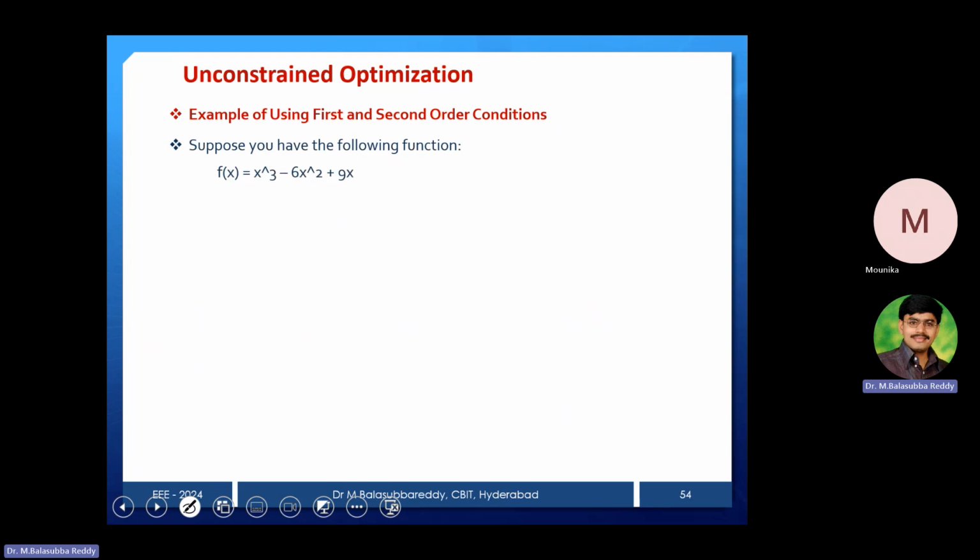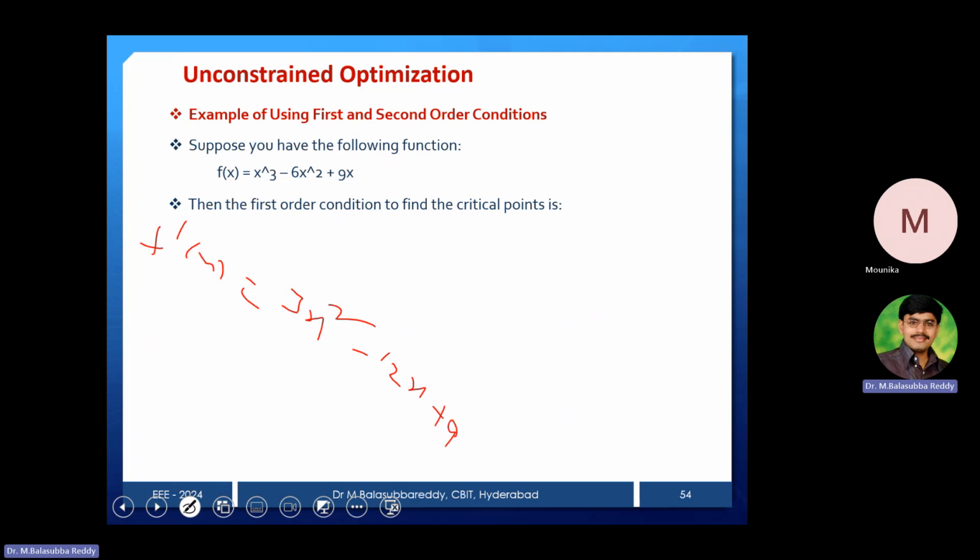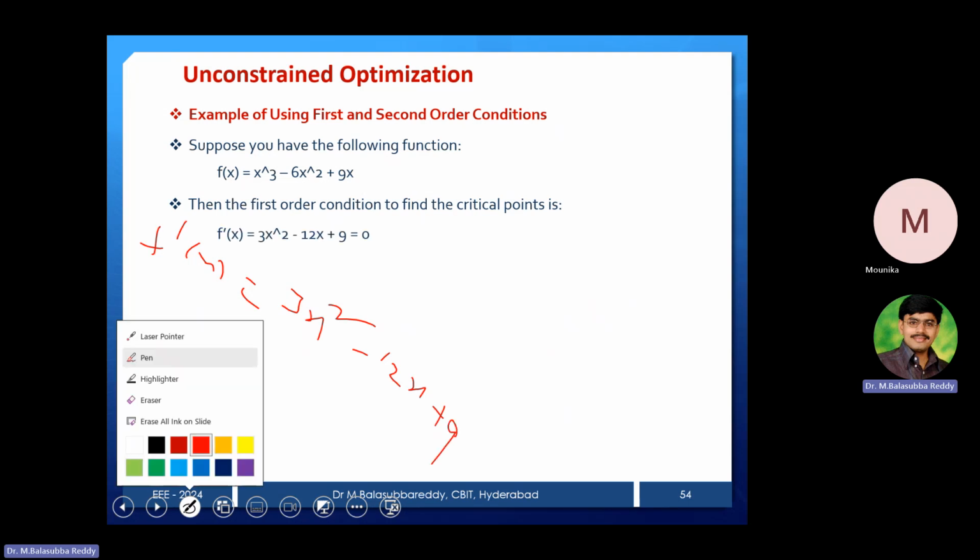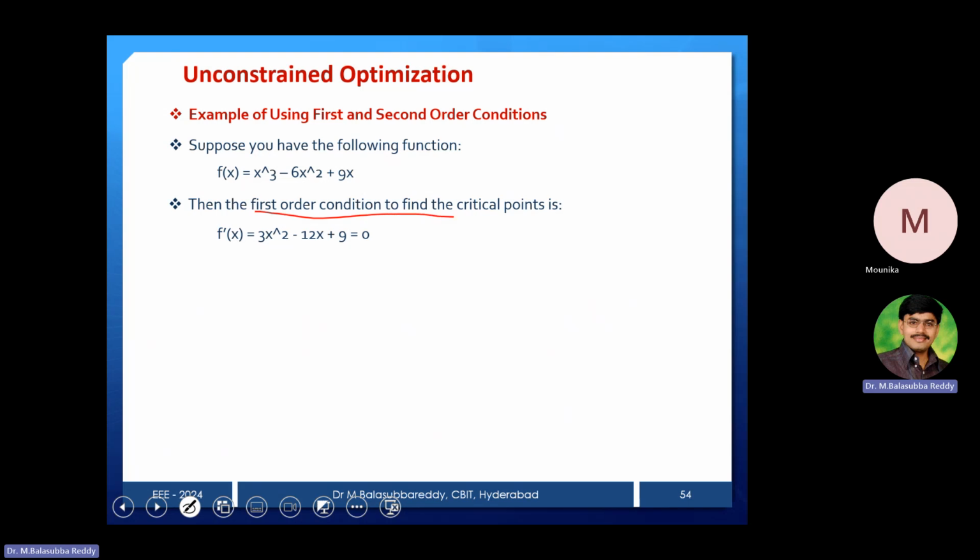Suppose you have the equation x cube minus 6x square plus 9x. Then for the first order condition, I can write f dash of x equal to 3x square minus 12x plus 9, and you can easily equate it to 0. That is for the first order differential equation: 3x square minus 12x plus 9 equals 0.